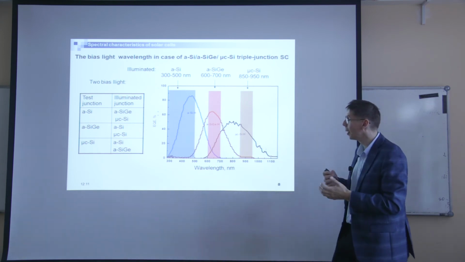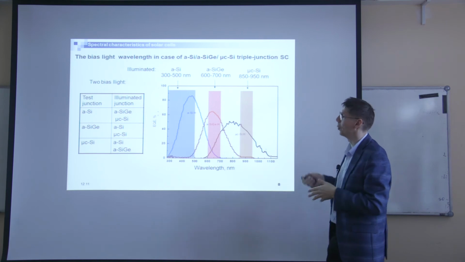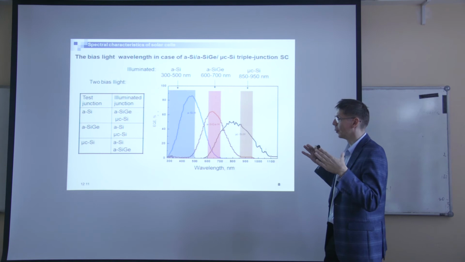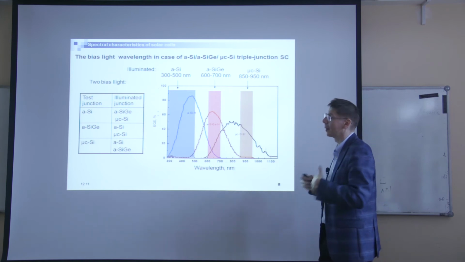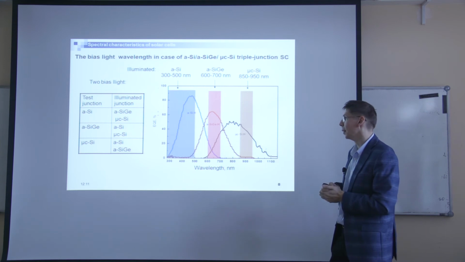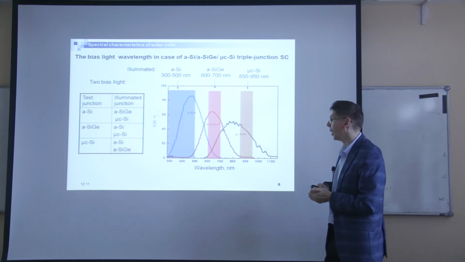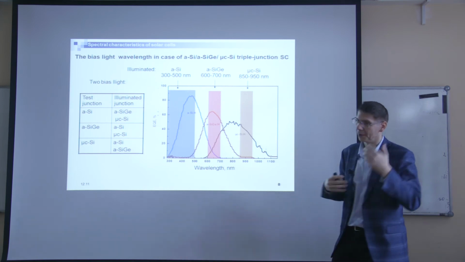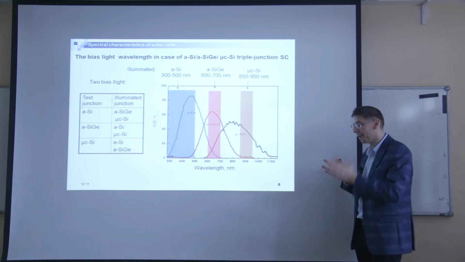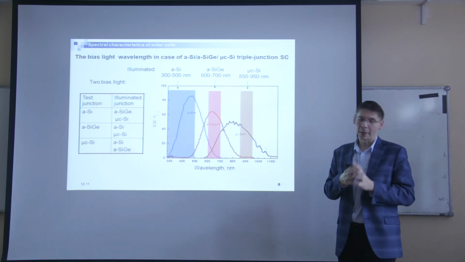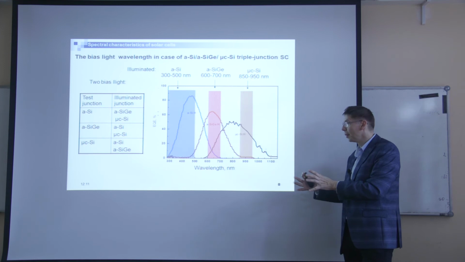But normally the source of light is an LED. I would say for most cases it's narrow enough, but in our practice we were obliged to use a laser, because it was quite a specific solar cell with a very thin top junction with a band gap quite near to the middle junction.